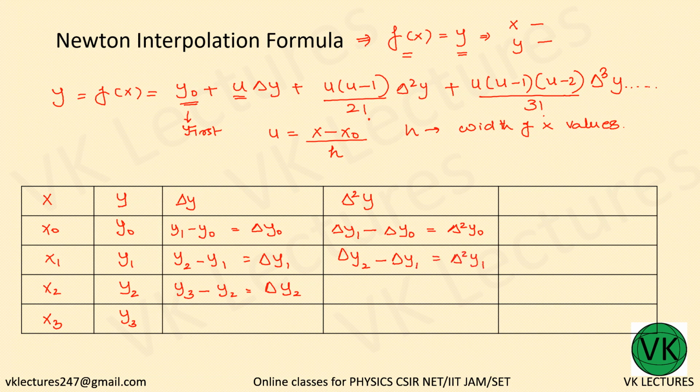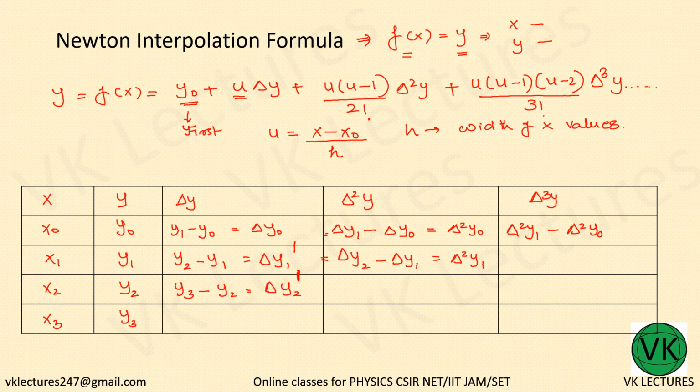That means this value is the difference between these two, and this particular value is the difference between these two values. Now we have the delta cube y, that's equal to delta square y1 minus delta square y naught.